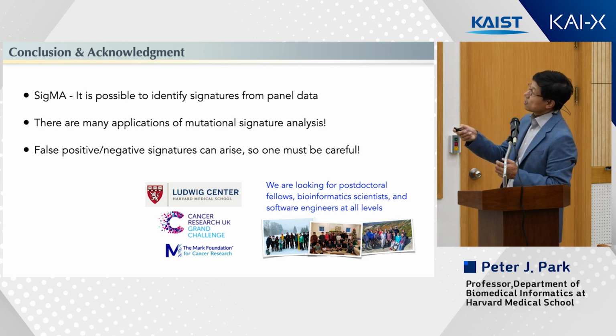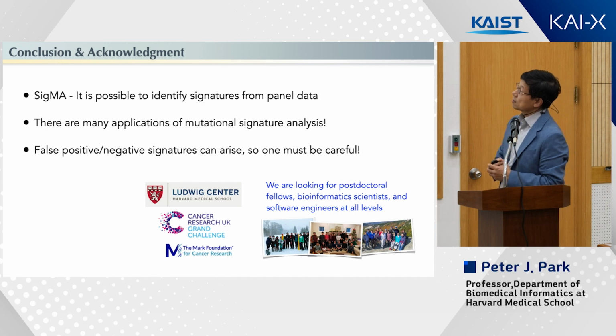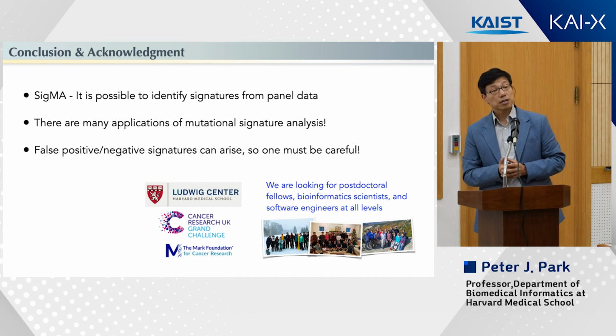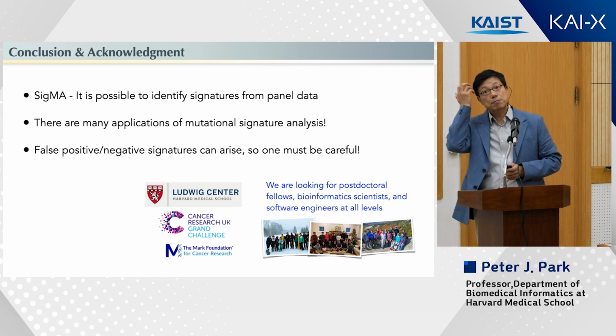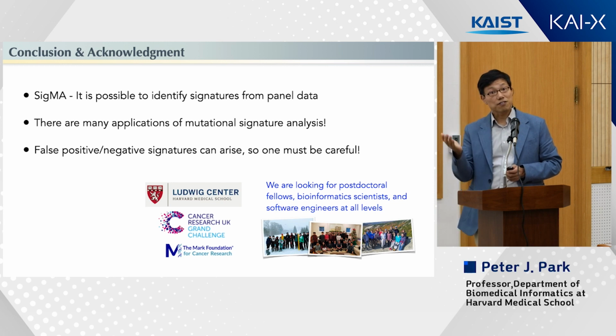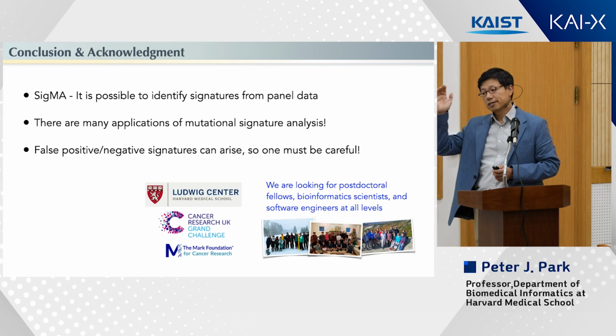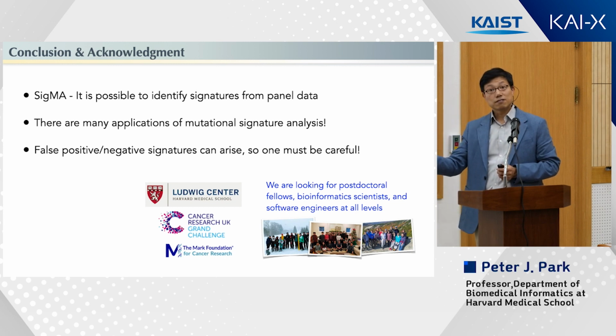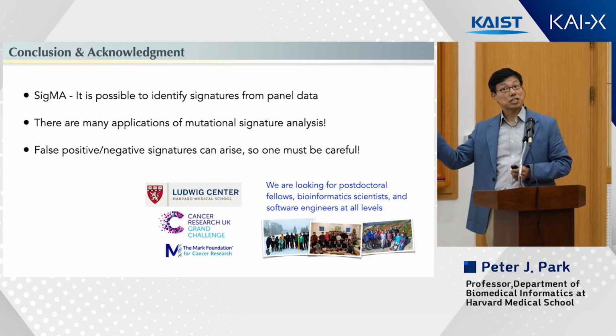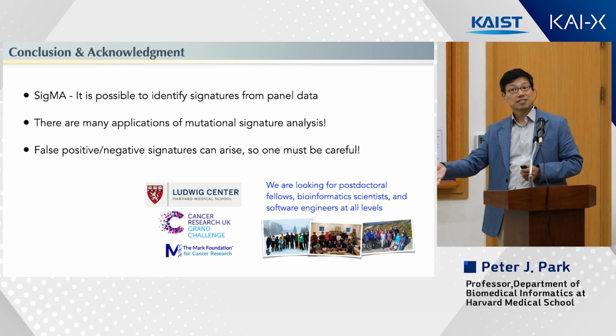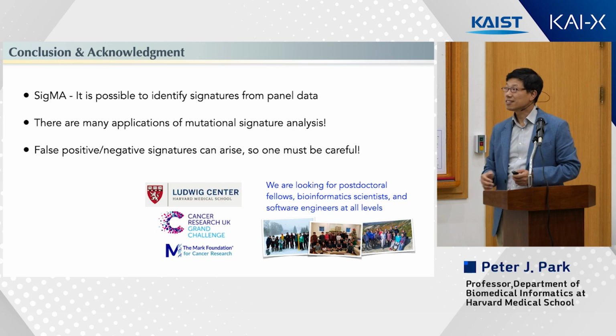And again, it's like any other method. False positive, false negative signatures can arise, and so sometimes we will look at a paper and argue whether it's an artifact or not. You can imagine that sometimes people will want to give a therapy based on some signature that they think they find. So you really want to be sure that it's there, that you're not guessing.